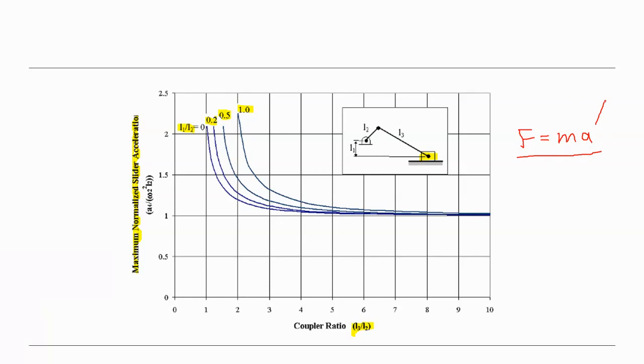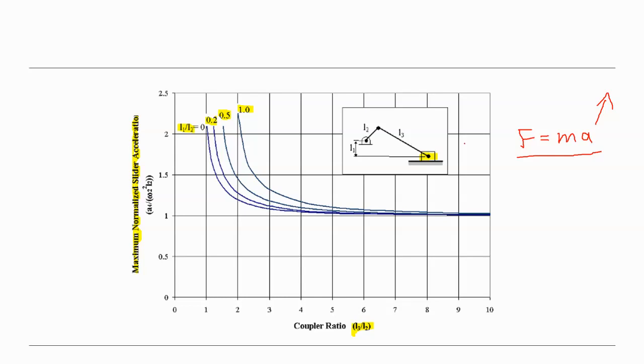If we have high acceleration, that means we have high unbalanced force, and high unbalanced force causes vibration, fatigue, and noise. We don't like that; we are interested to reduce it as much as possible.